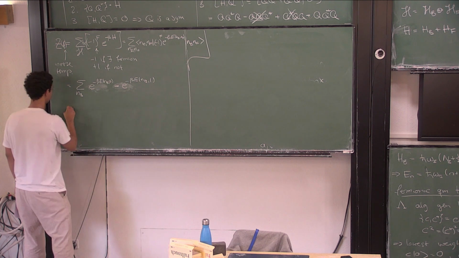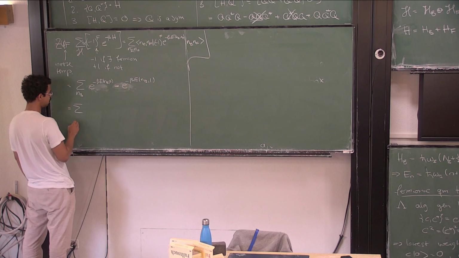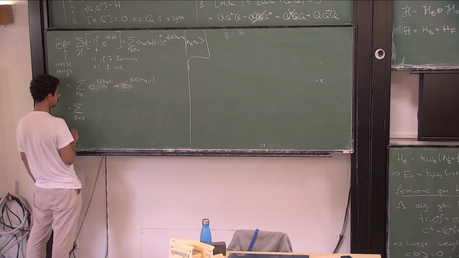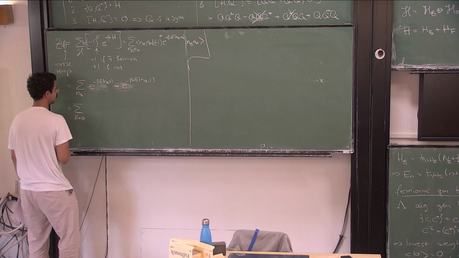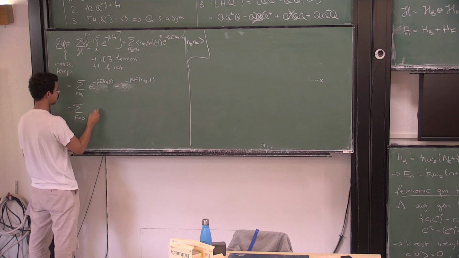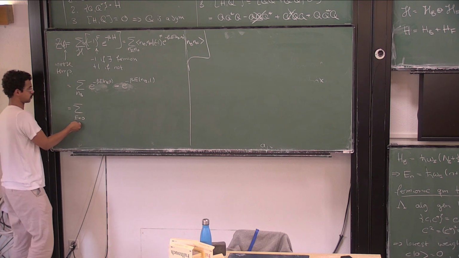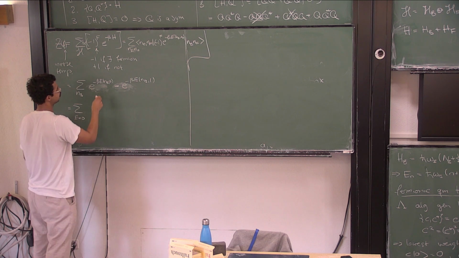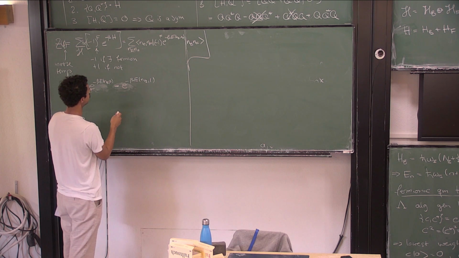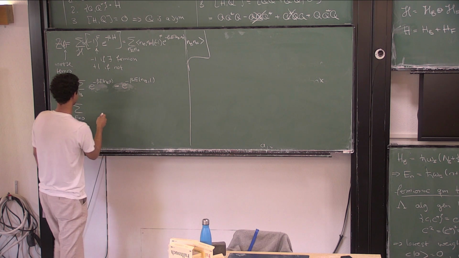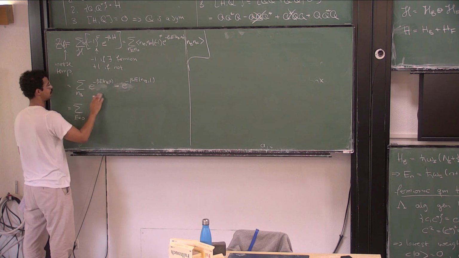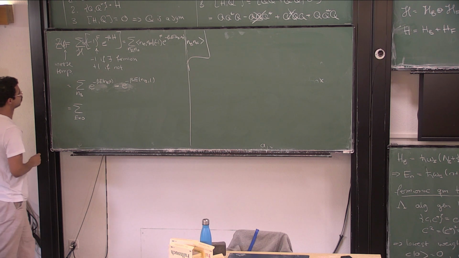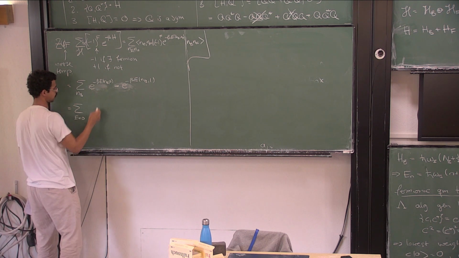And then you can say this is the sum over energy states which are 0, okay, of basically what? If the energy state is 0, then you're essentially counting how many bosonic states you have here, right?